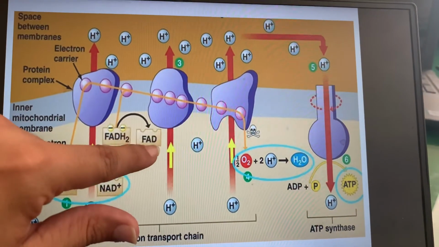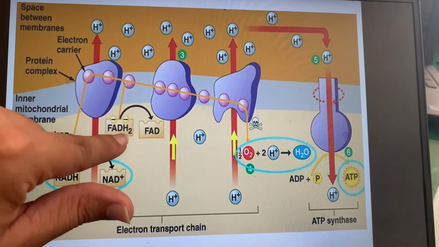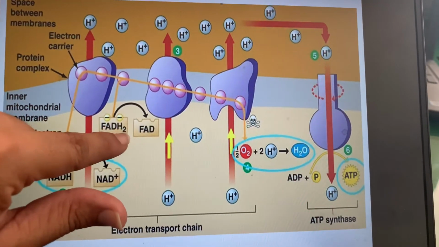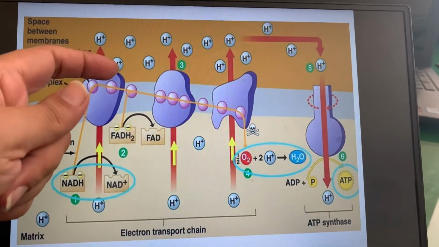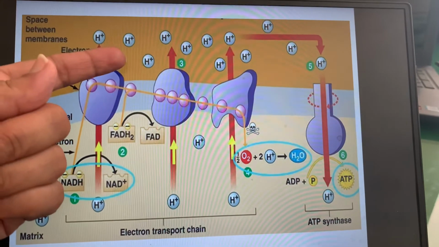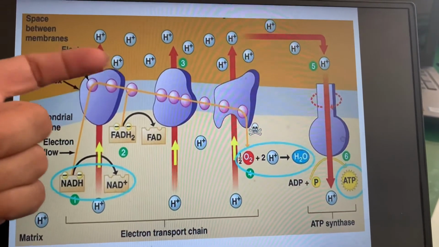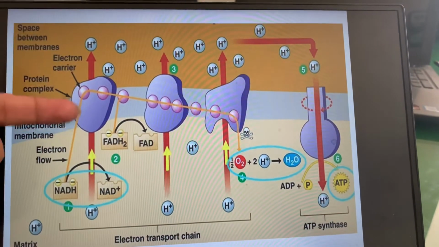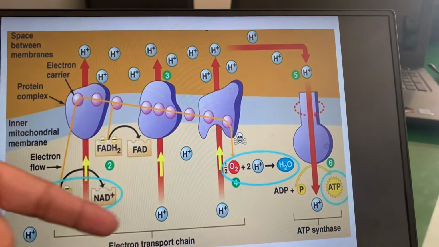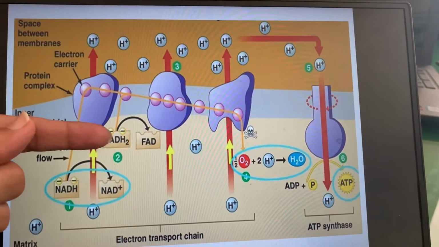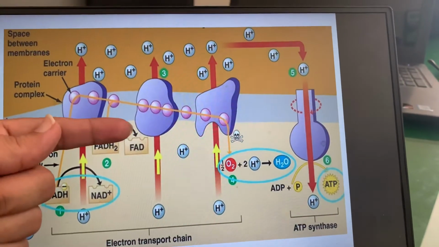FADH2 is oxidized to FAD, and protons are released as H positive and again incorporated into the space between the inner and outer membranes. So again the hydrogen ion concentration is higher here than at this side. This is all through the reduction from the electrons.